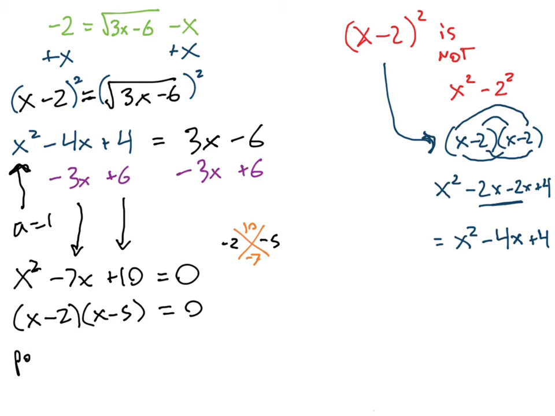And we have two possible solutions from that. If we solve this factor, x minus 2, set it equal to 0, then x would equal positive 2. And if we solve this factor by setting it equal to 0 and solving for x, x would equal positive 5.